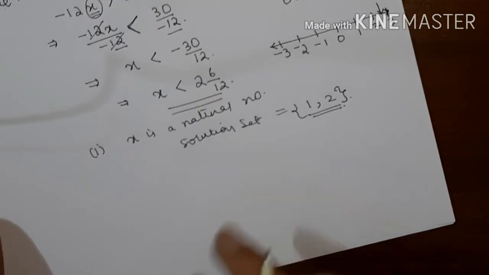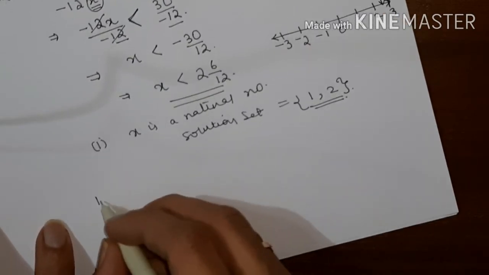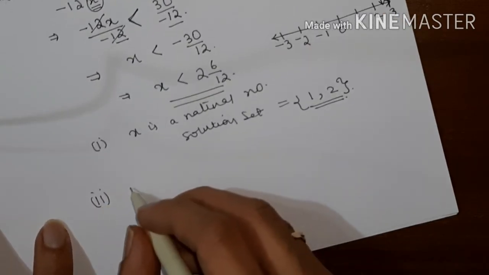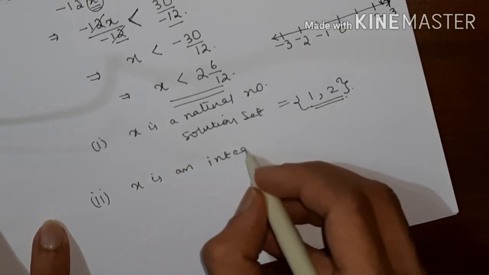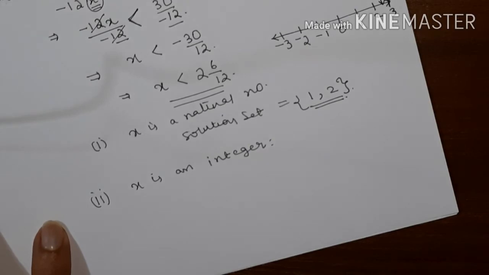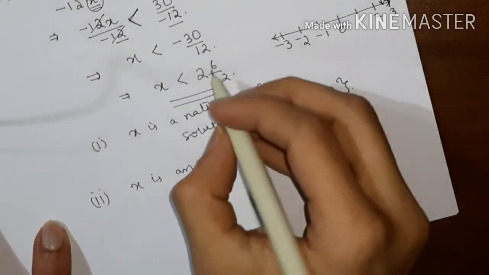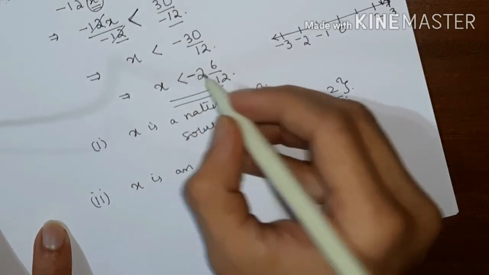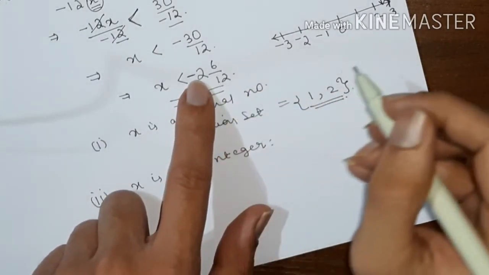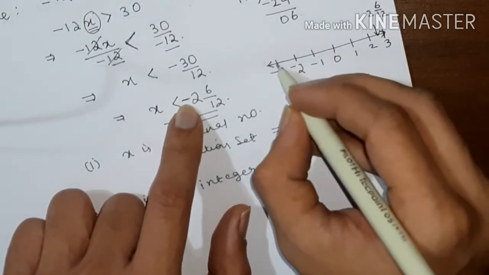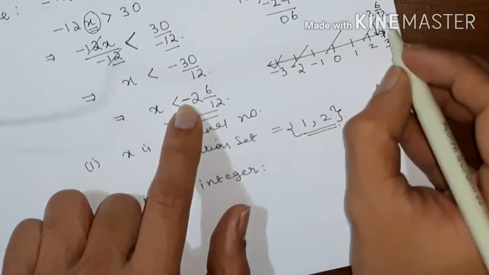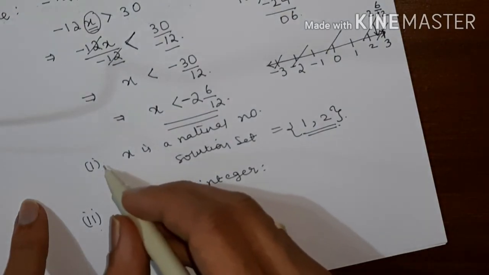Now let us look at the second sub question, that is x is an integer. Oh, you have minus here. I have not taken minus here, so this is not correct. Let us check.